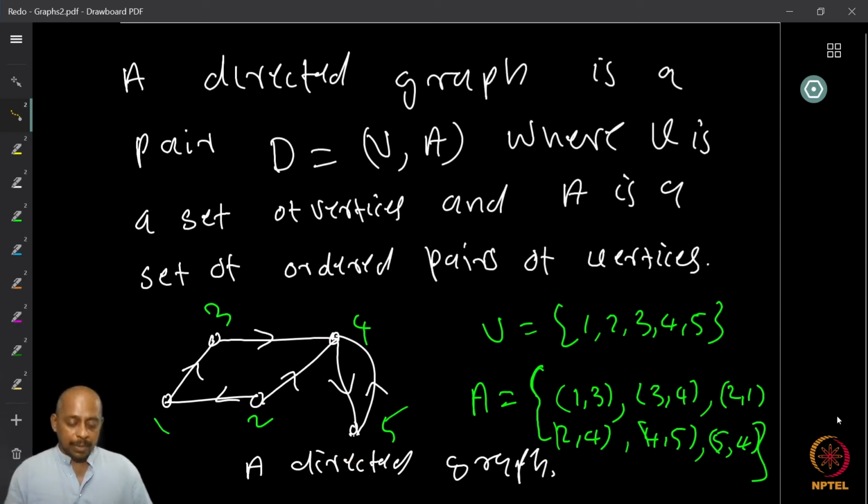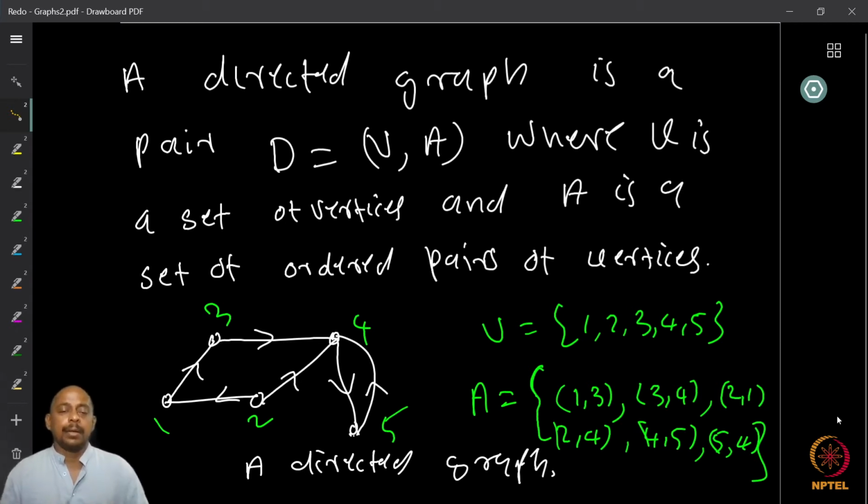On the other hand, if you look at 2 and 4, I can go from 2 to 4, but there is no way to go from 4 to 2 in this case. So it's important to have this direction, and that allows us to represent more information about the network.